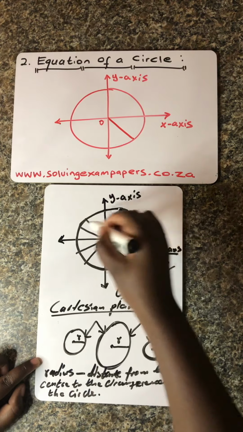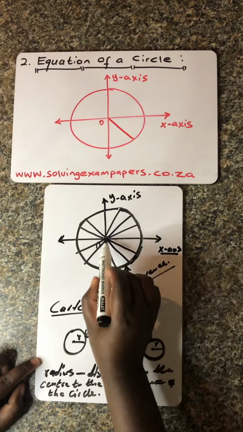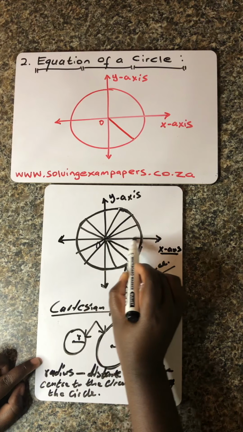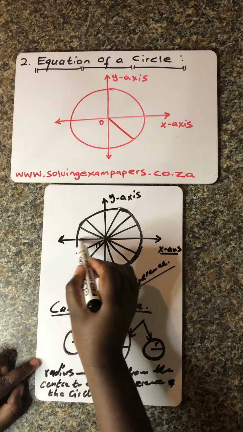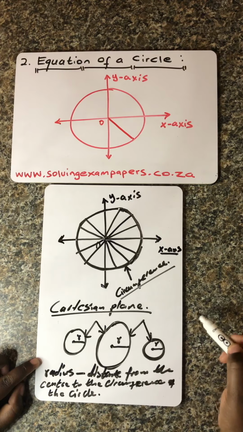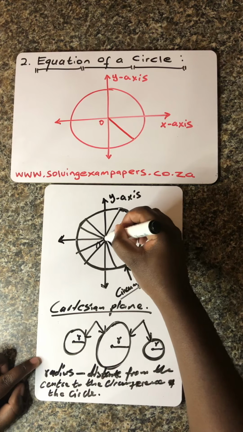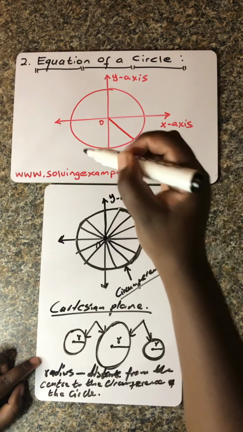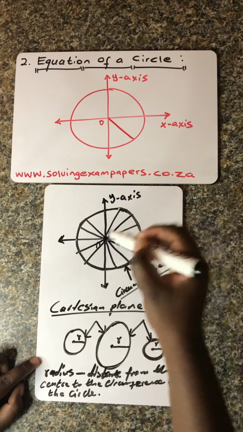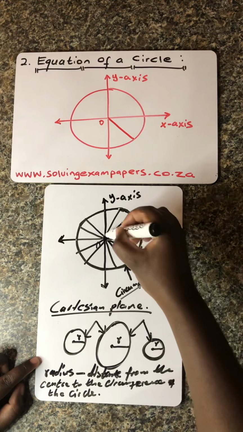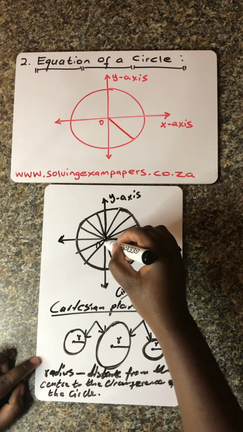And remember, guys, it also includes from there to there along the x-axis, from the origin up to there along the y-axis, from there to there along the y-axis. This is what we call the radius.